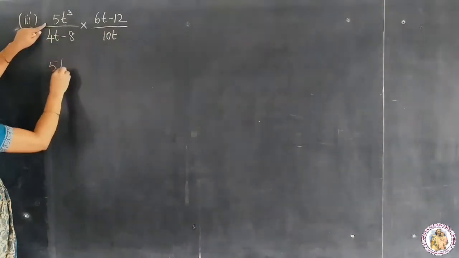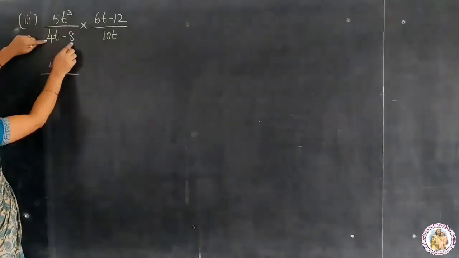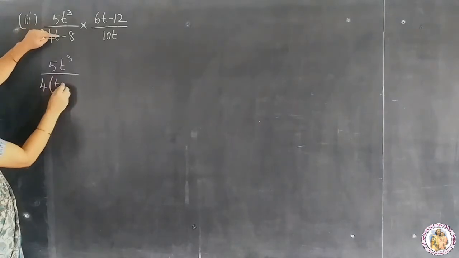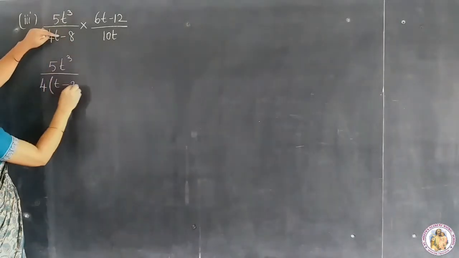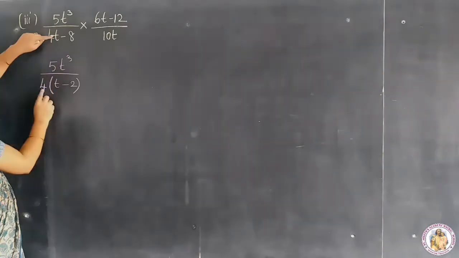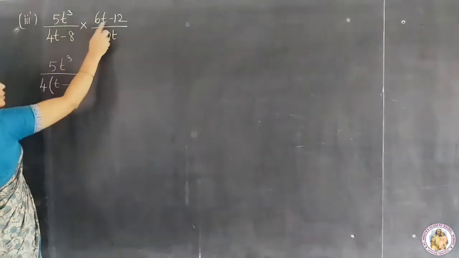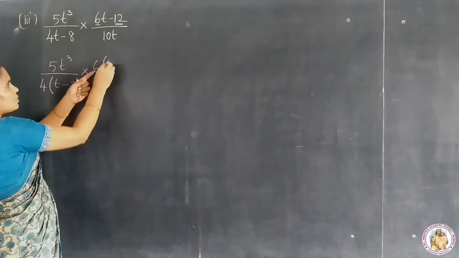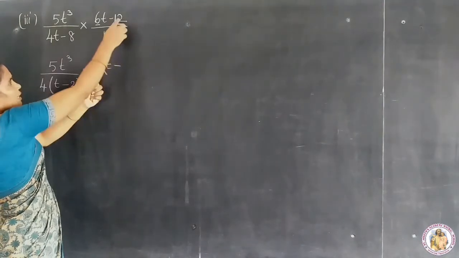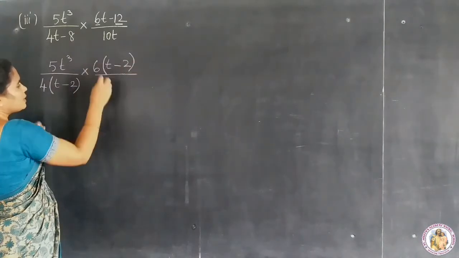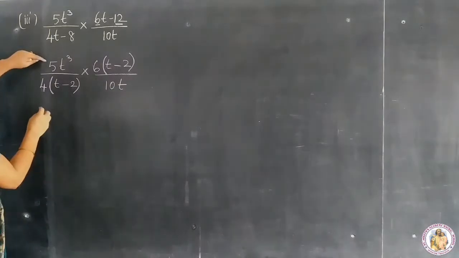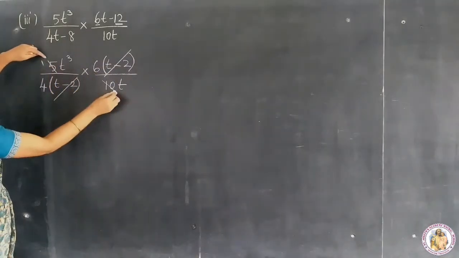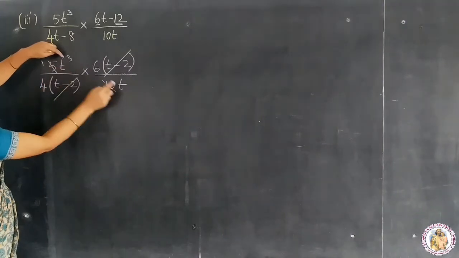So 5t cube divided by, here you can see 4 as common. t minus 2 cancel, and 5 ones are 5, 5 twos are 10, and again t cube, here we have t power 1.